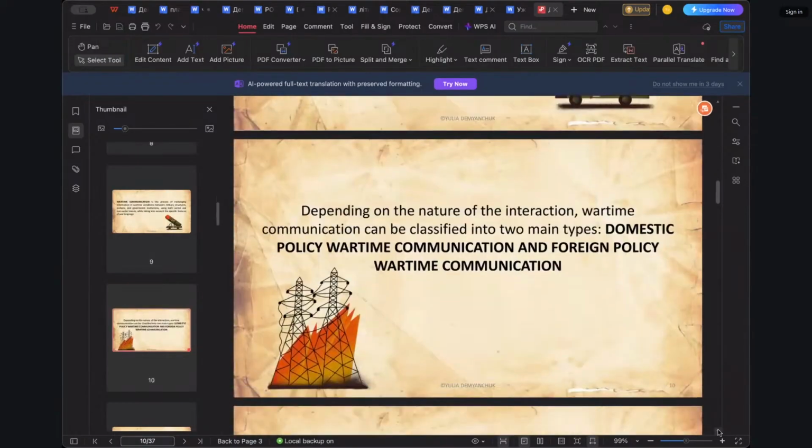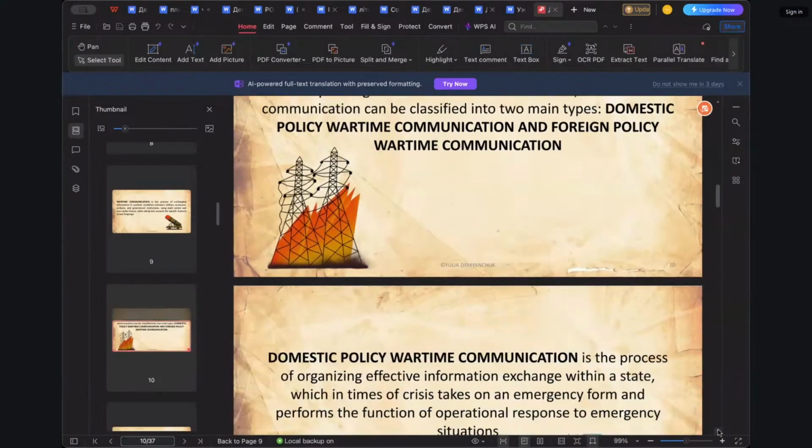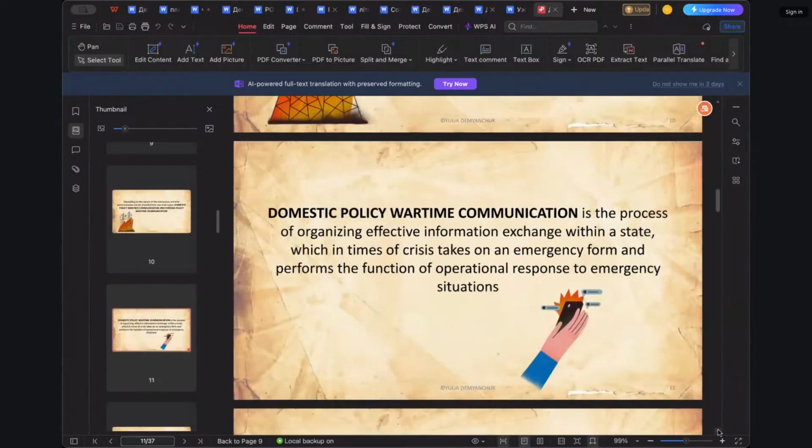Depending on the nature of the interaction, wartime communication can be classified into two main types: domestic policy wartime communication and foreign policy wartime communication. And I will make the difference between them, because the difference is significant.